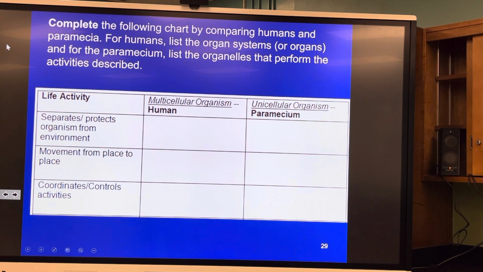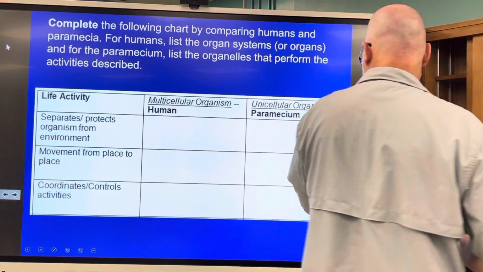And it's the same organelles that are in other cells that we learned about. So you may have to look back in your notes to get this right. I'll go over the first one for you, okay?